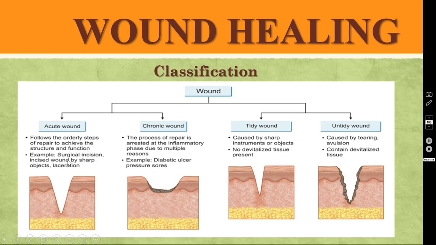Examples are the surgical incision, incised wound by sharp objects, and laceration. Whereas in the chronic wound, the process of repair is arrested at the inflammatory phase due to multiple reasons. So the healing is arrested in the inflammatory stage itself. Examples are the diabetic ulcer and the pressure sore.